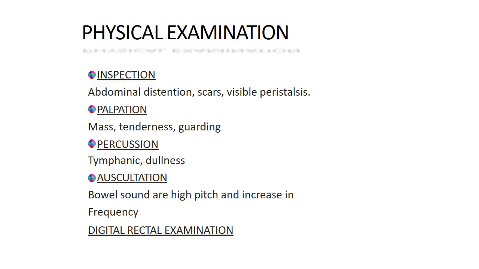On inspection, you will find abdominal distension, scar, and visible peristalsis. On palpation, a mass or tenderness or guarding may be felt. On percussion, you may get a tympanic note or dullness, and on auscultation, the bowel sounds are high-pitched and increased in frequency.